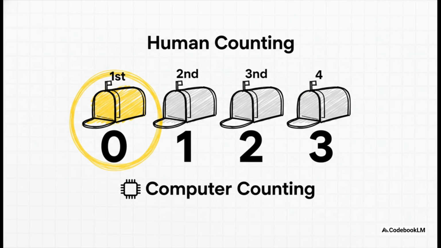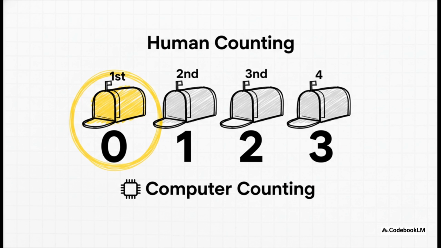And here's why. This is the critical rule. Computers don't start counting from 1 like we do. They start counting from 0. So the first mailbox, the very first item in your array, is not at position 1. It is always at position 0. This is called zero-based indexing, and it's one of those fundamental things you just have to burn into your brain.